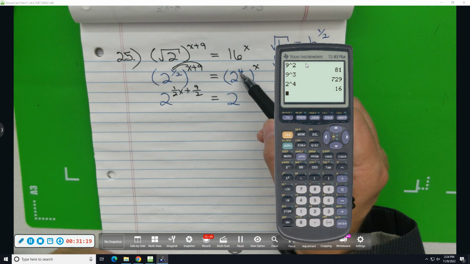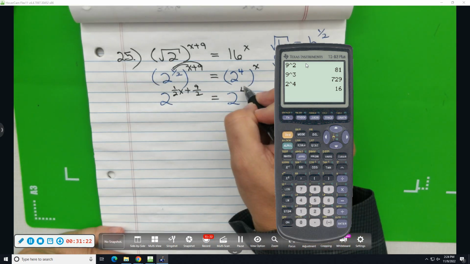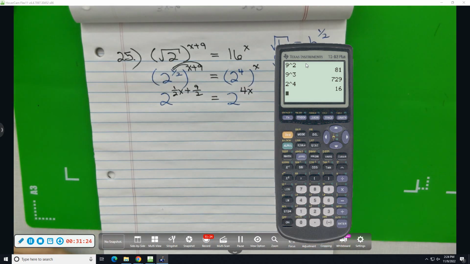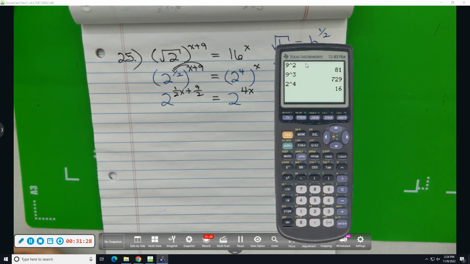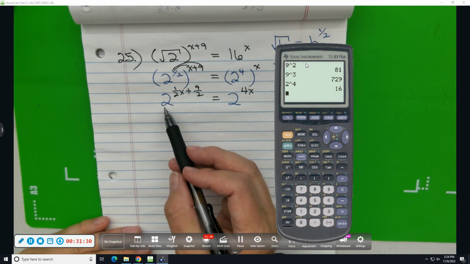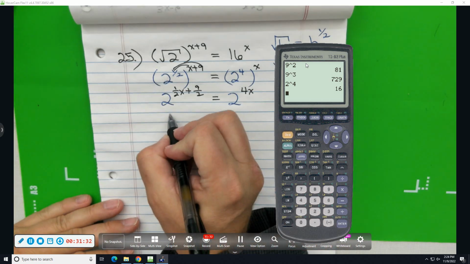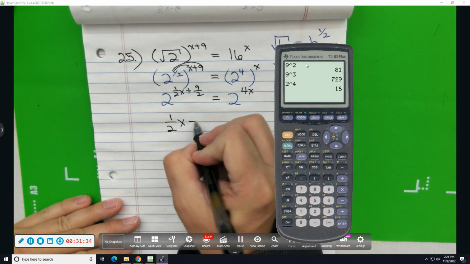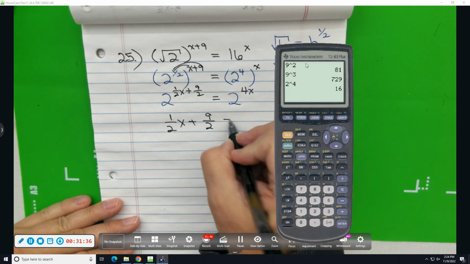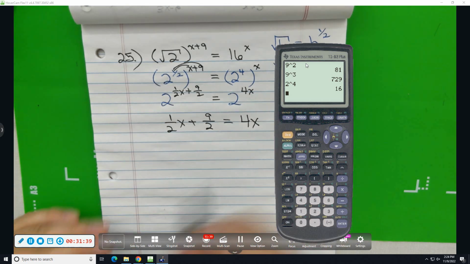Over here, 4 times x gives us a 4x. We now have the same base on both sides, so we can drop the bases, set the exponents equal. 1/2 x plus 9/2 is equal to 4x.